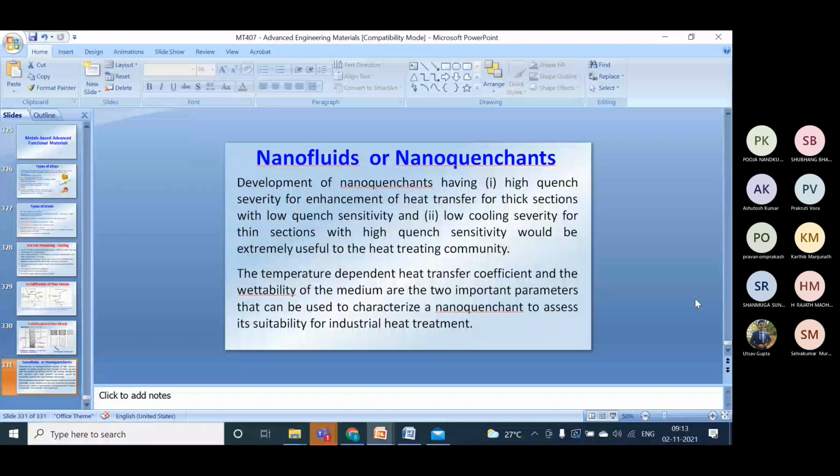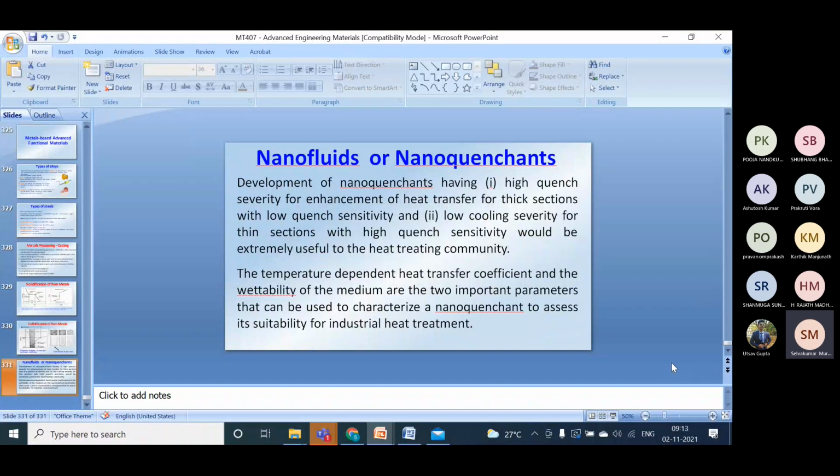So the development of nanofluids has two different jobs: high quench severity for enhancement of heat transfer for thick sections with low quenching sensitivity, and low cooling severity for thin sections with high quench sensitivity.